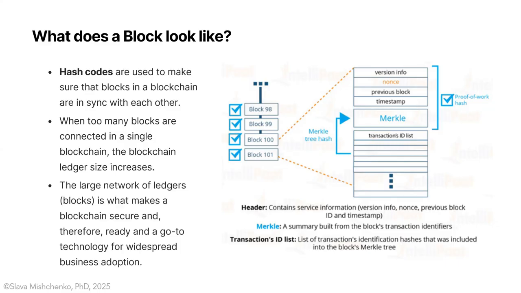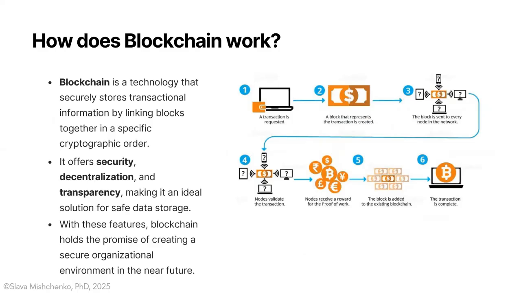When the blockchain ledger size increases, it's because we are adding more of these blocks filled with transaction data. And now, let me walk you through the fascinating journey of how a blockchain transaction actually works. This diagram shows us the complete life cycle of a transaction from start to finish.